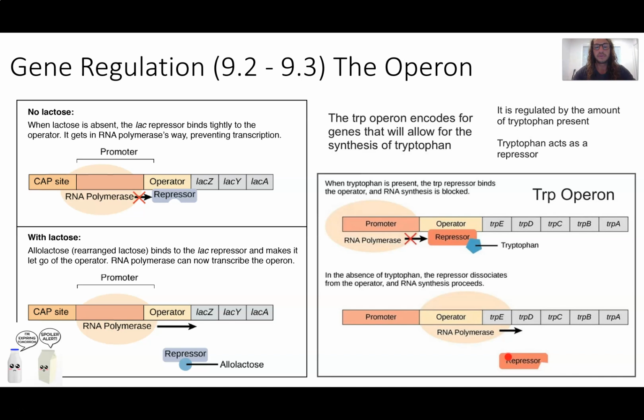These two examples of gene regulation are occurring at the transcription stage. That is the stage where that message is being written. So if it came after the transcription phase, then we could say gene regulation is occurring at the translational stage.